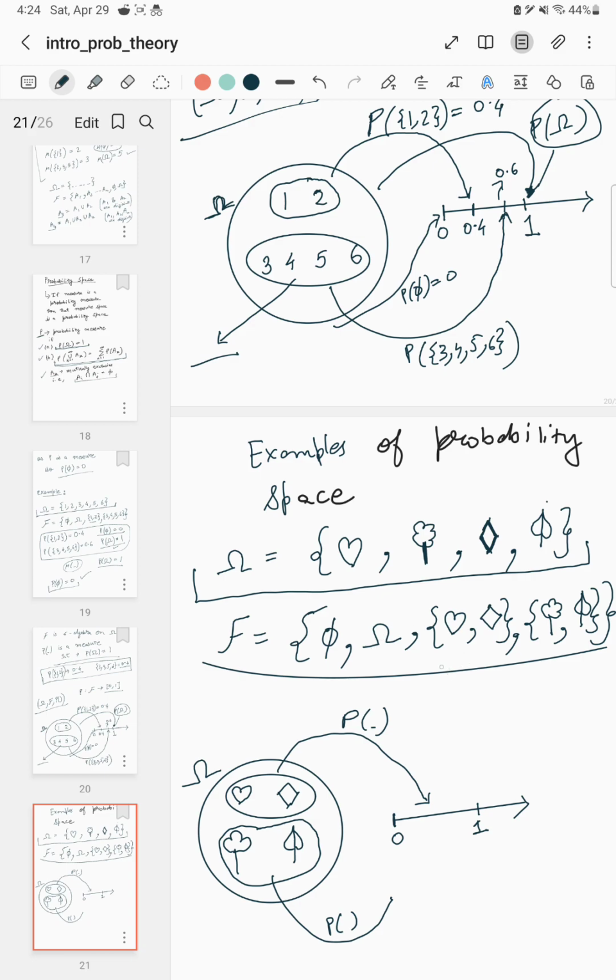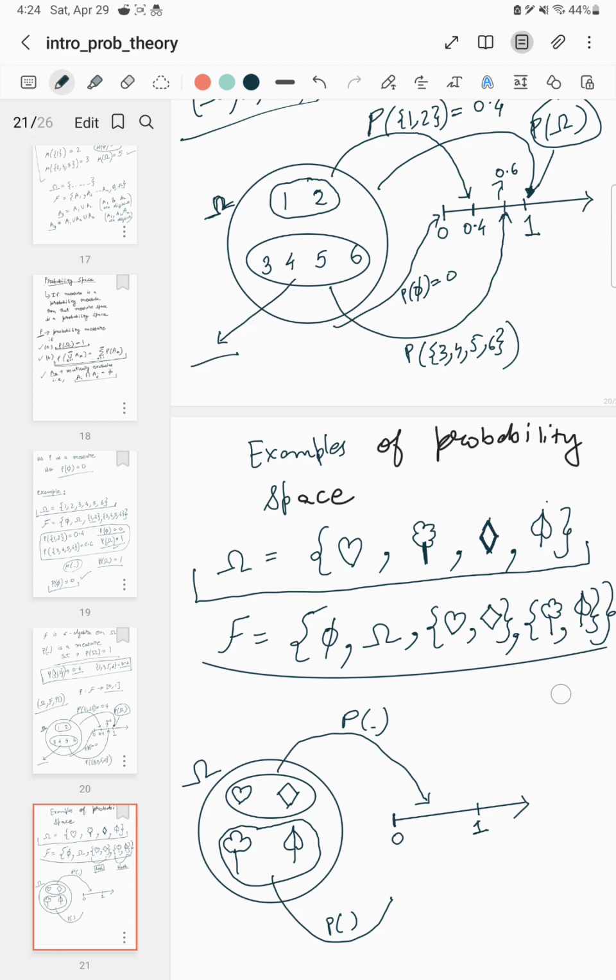I am defining the red color design, so it would contain hearts and diamonds, as they are red. I am also defining another subset called black color design, which would contain spade and club.